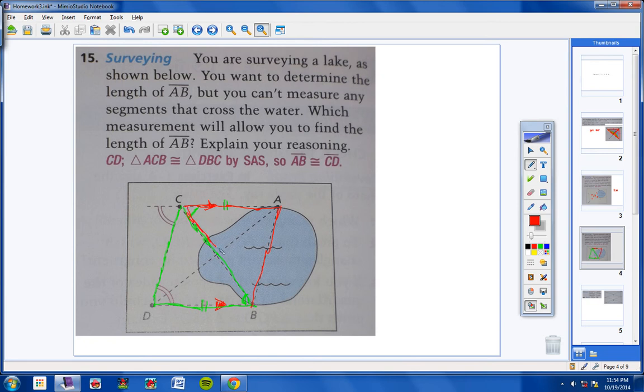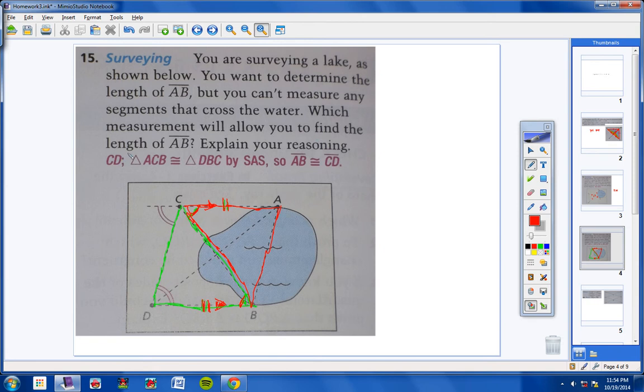Do they not share a common side? Sure they do, right here. So I have side, angle, side, congruent to, in the green triangle, side, angle, side.